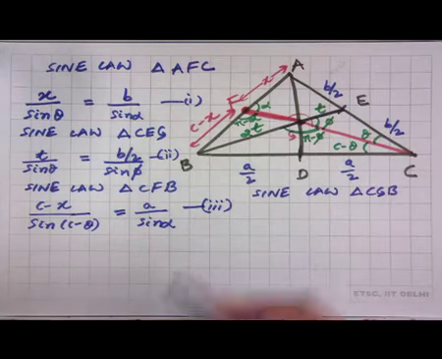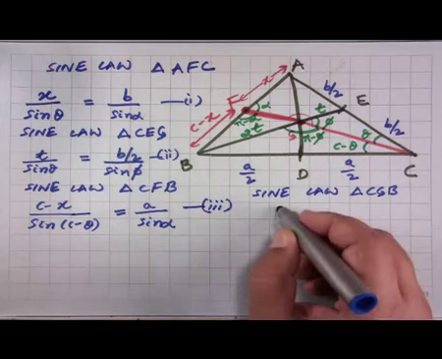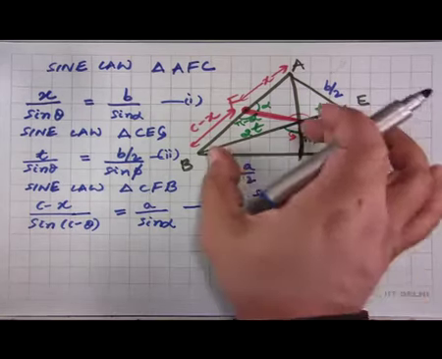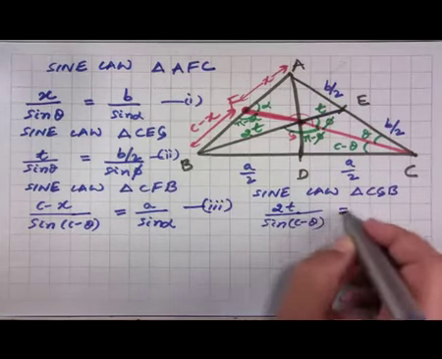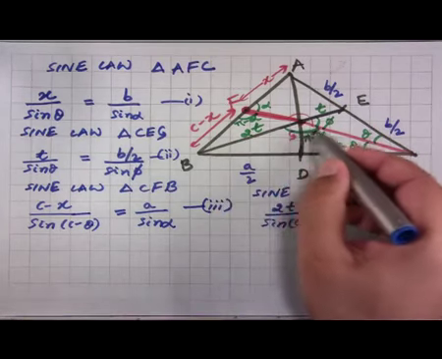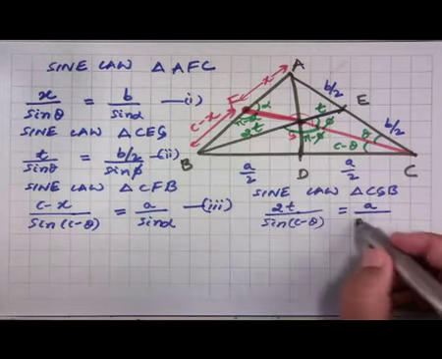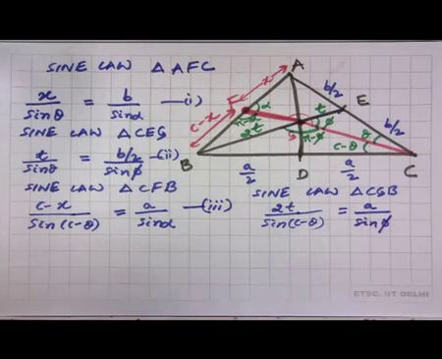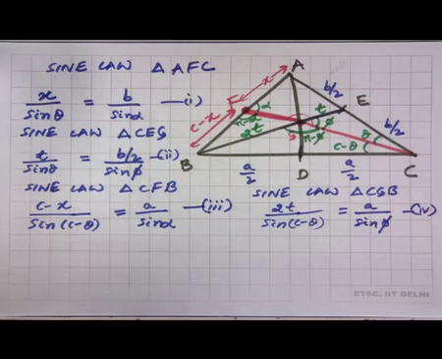In triangle CGB, we have 2t over sine of C minus theta equals A over sine of pi minus phi, and sine of pi minus phi is equal to sine of phi. So, this is the fourth equation. We now have four equations after we applied the sine law to these four different triangles.